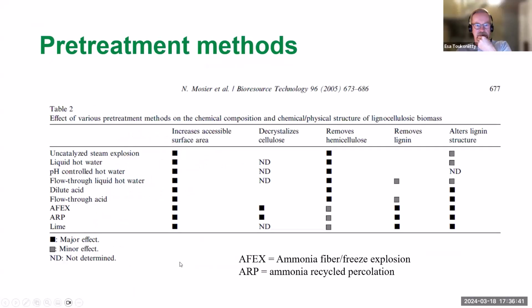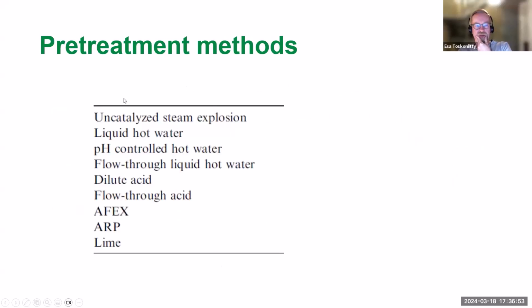So these methods are described in the textbook. Also the table has been copied from the textbook, and for this part's discussion we have, if you remember, for each section there is discussion and assignment, and this time's discussion is related to these particular pre-treatment methods.